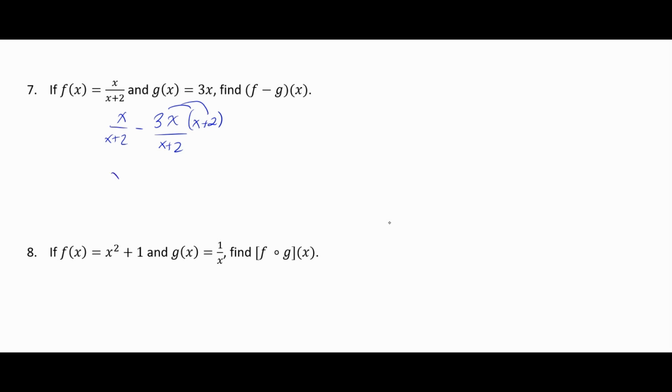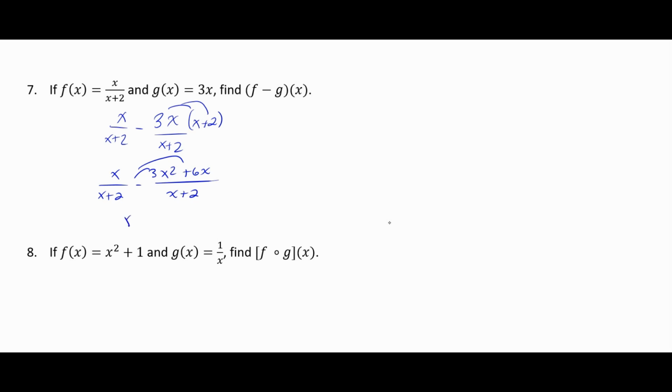So x over x plus 2 for the first fraction minus 3x times x is 3x squared, and 3x times 2 is 6x, all over x plus 2. Well, when we are subtracting, now that they have a common denominator, we're going to subtract, but we do want to distribute that negative.